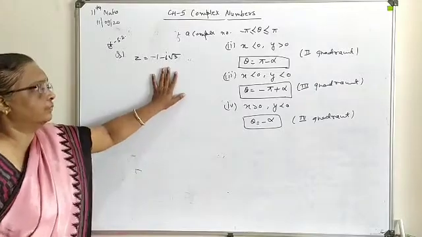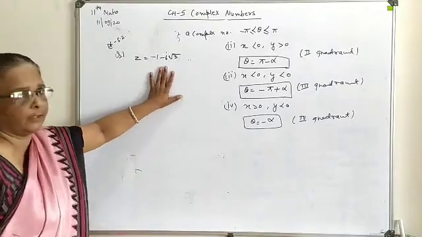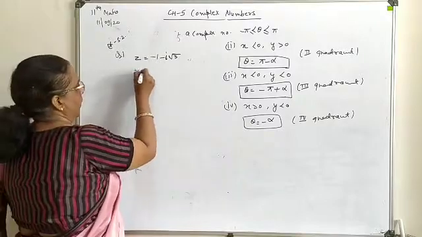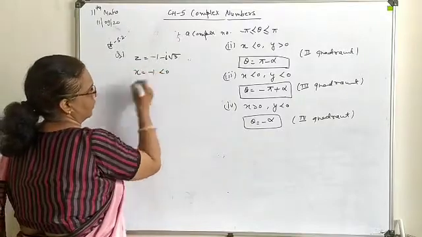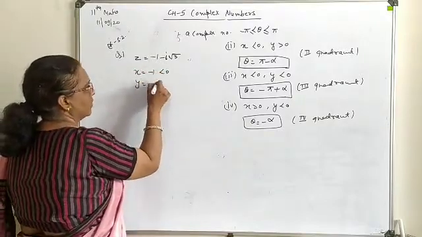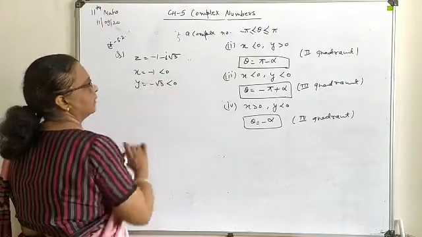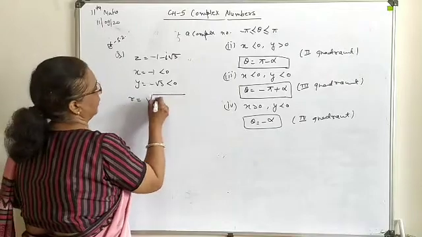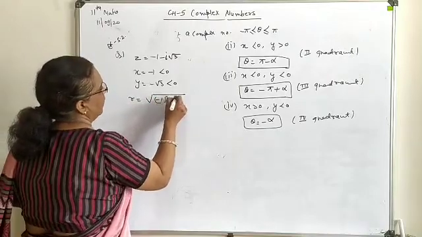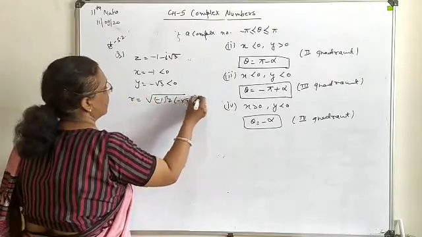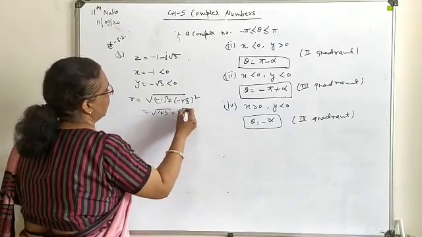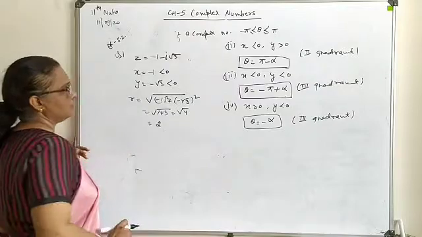Z is available with this. So first of all, what is your workout? To find out R. Here you can say x is minus 1, which is less than 0. Y is minus under root 3, also less than 0. So first we will evaluate R as under root of minus 1 square plus minus under root 3 square. This is 1 plus 3, means 4, so that is 2.